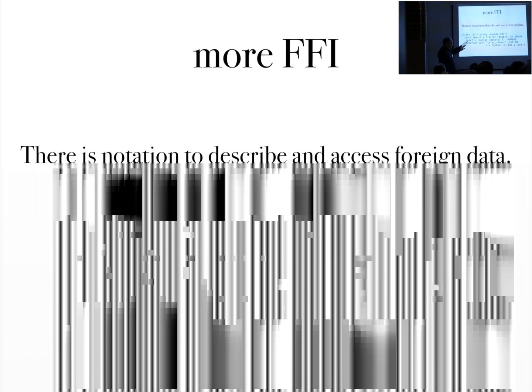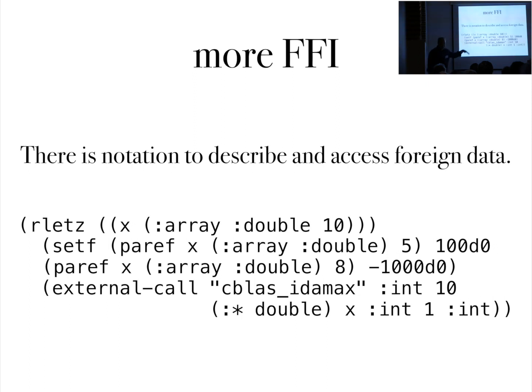So rletz: we allocate an array of 10 double floats on the C stack, zero those guys. We use this PA-ref operator to initialize some of our foreign data, and then we can just use external call to call this BLAS routine to perform this operation.